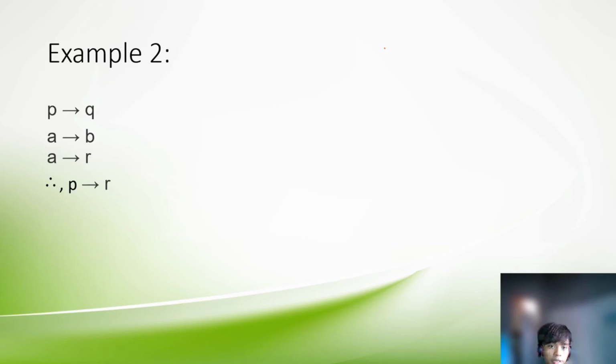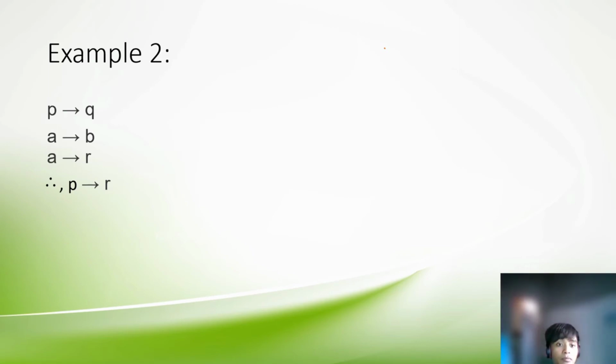The next is example 2. P links to Q, and A links to B, and A links to R. Therefore, P links to R. Is it a valid or not valid argument?